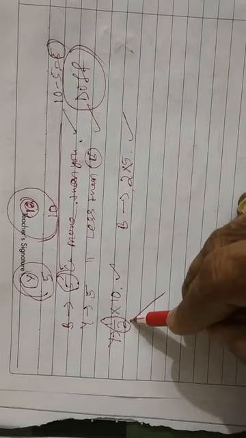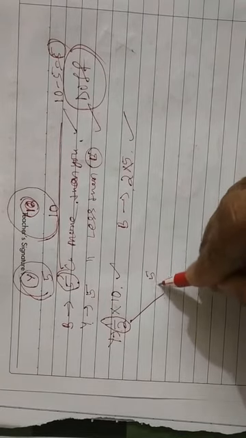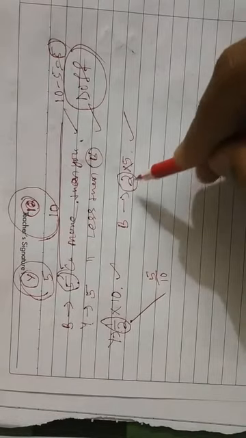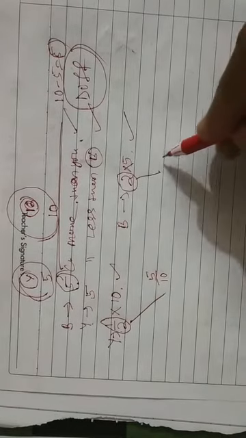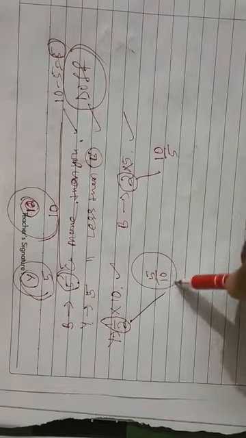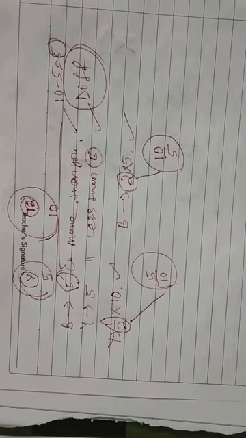And from where did you get this half? It is simply 5 by 10. From where did you get this 2? It is simply 10 by 5. So division is another way of comparison.